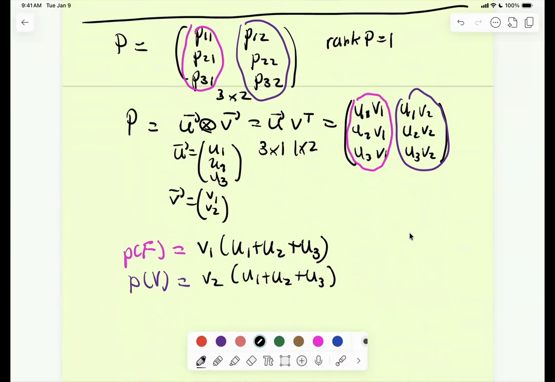But is it U1 plus U2 plus U3? That's just equal to one. Well, that's what I'm trying to avoid, because I'm thinking about this from a linear algebra perspective. You had a matrix, and it happens to be rank 1.